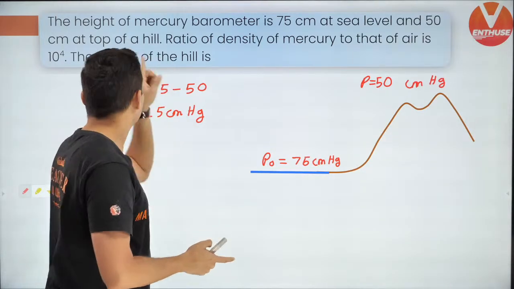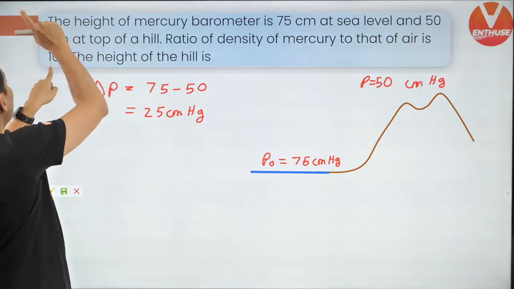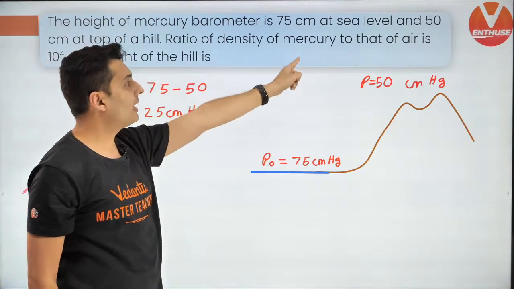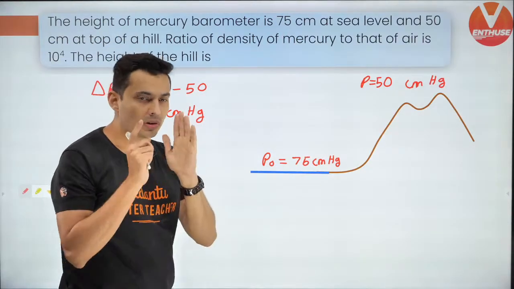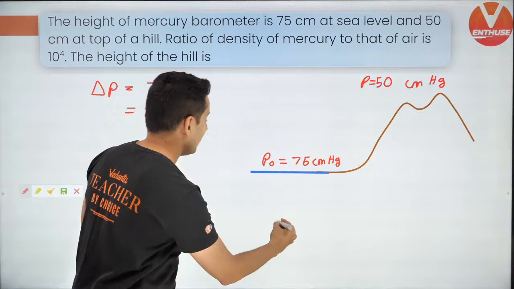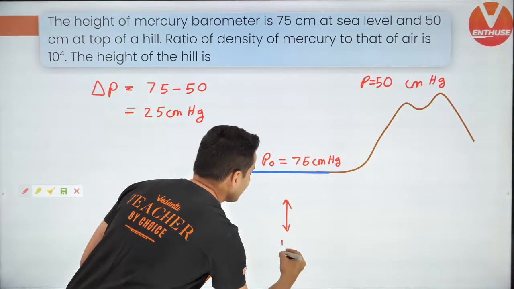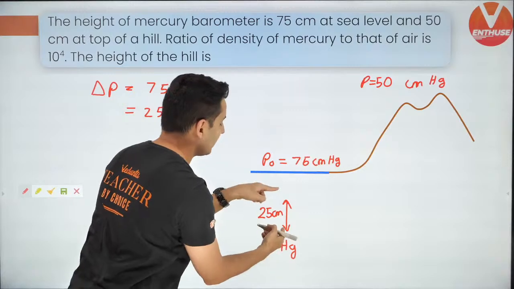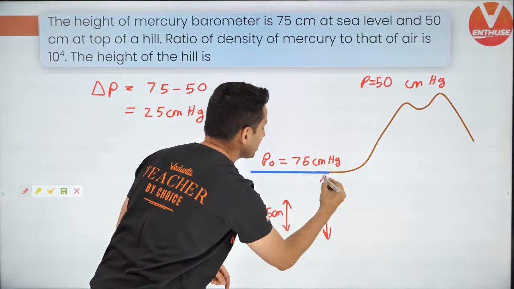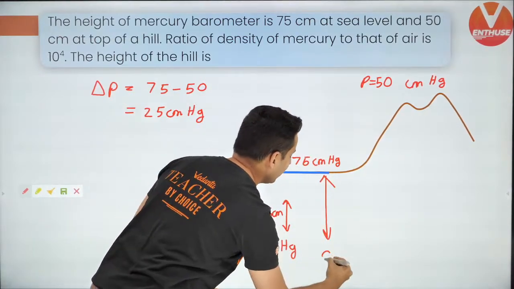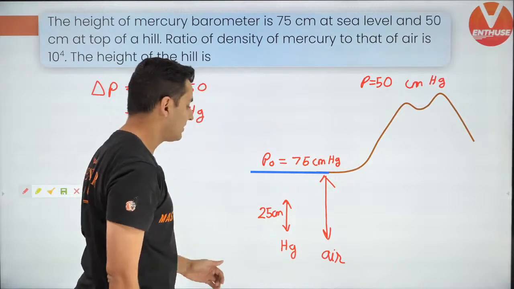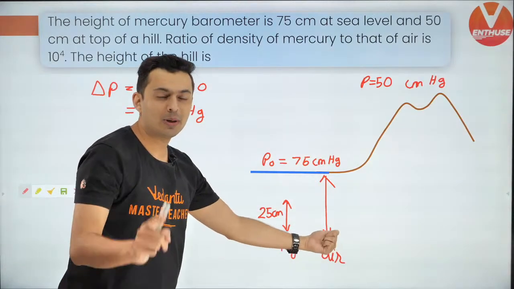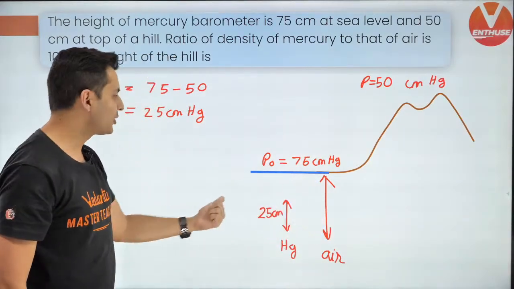Now it is given that mercury is 10 to the power 4 times more dense than air. So think about it. If 25 centimeters of mercury creates that pressure difference, how much height of air will create that pressure difference? Obviously multiply it with the density ratio.